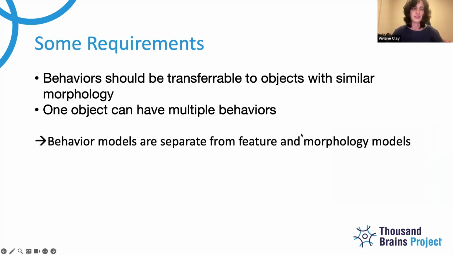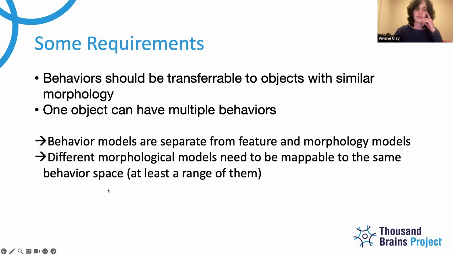So these two requirements lead me to say that behavior models are separate from feature and morphology models, similar to how we can have objects with the same morphology but different features on them, like a coffee mug can have tons of different patterns or logos. Similarly, we could have behavior models that can be mixed and matched with different feature and morphology models.